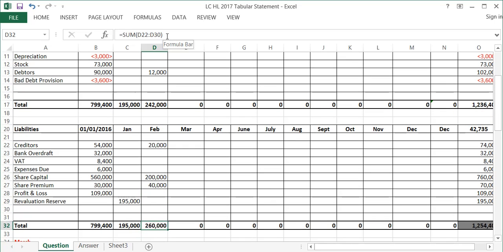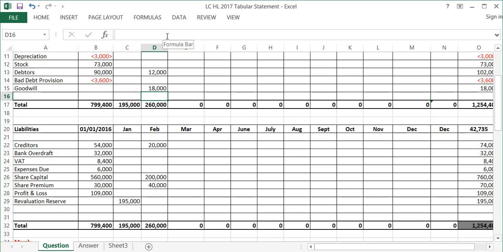Okay, as we can see here, the totals don't balance. There's 260,000 down below here and 242,000 up here. So the difference here will always be the goodwill, which in this question will be 18,000.